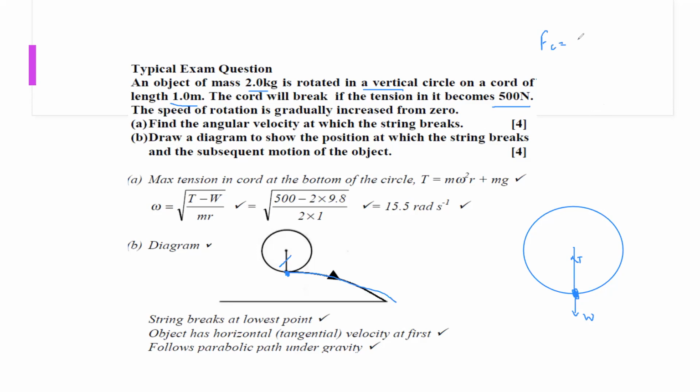So centripetal force is equal to T minus W. Tension is 500, and mass multiplied by gravity gives weight, and we get the centripetal force. From the centripetal force, we have the formula m r omega squared, because we need the angular speed. We have the mass, the radius, and the centripetal force, so we can find the angular speed, which is about 15.5 radians per second. Is it clear, this example? Yes.